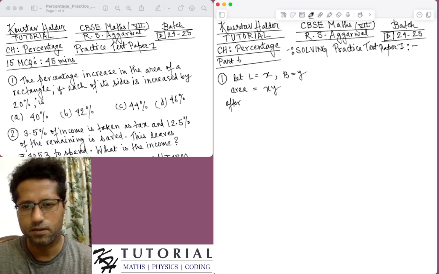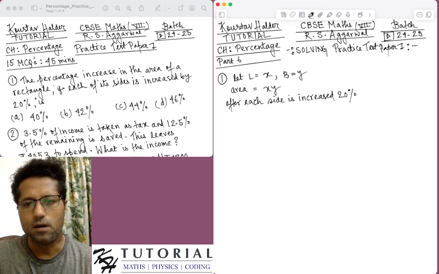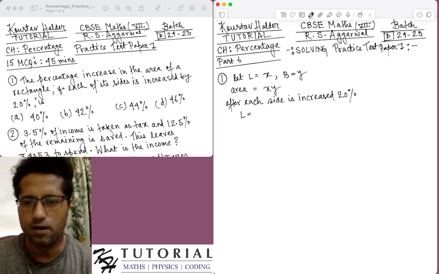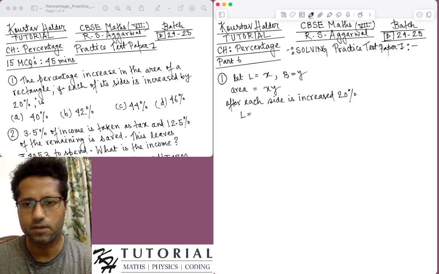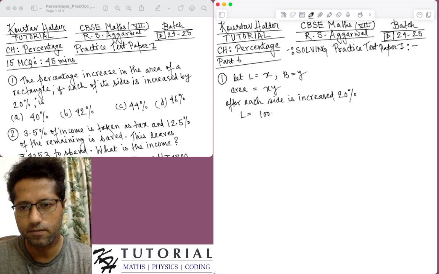So after the increase, the length becomes 100 plus 20% of the original value, that is x.